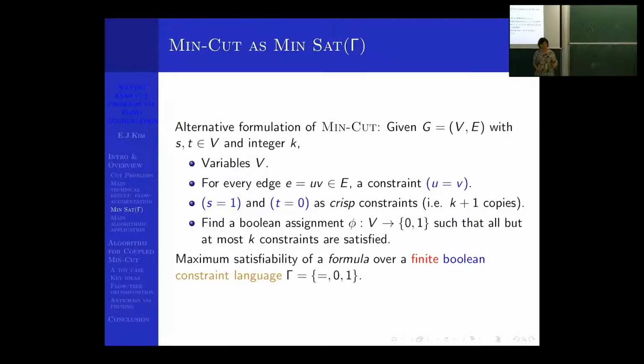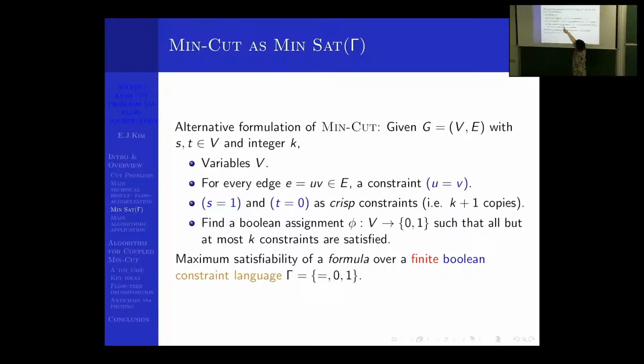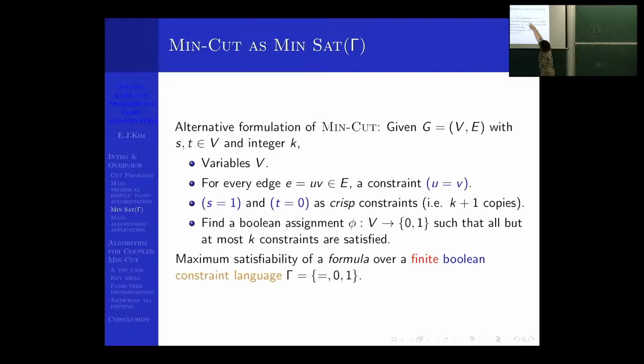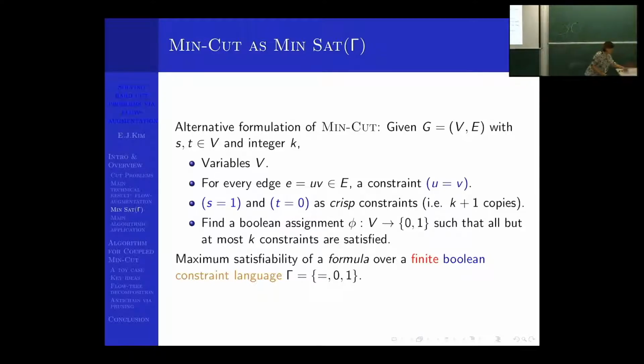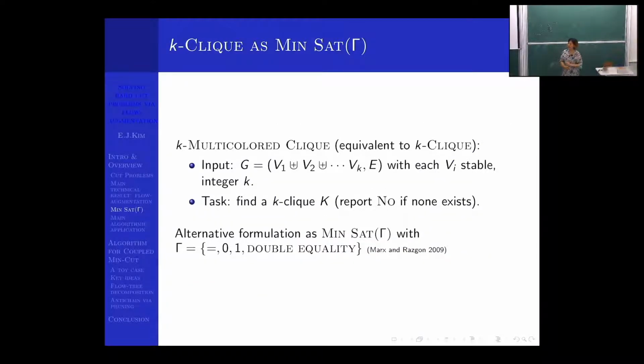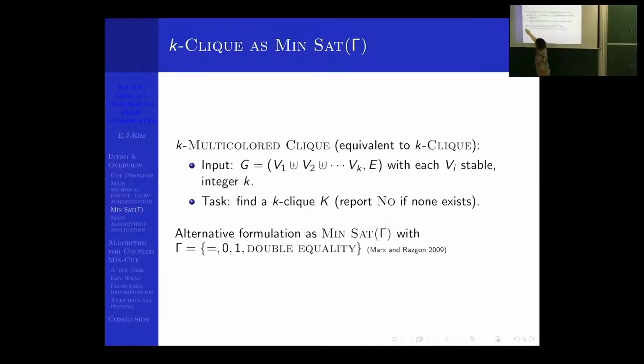If it's satisfied, I pay 0. Then you want a Boolean assignment such that the cost of the assignment is at most k. So we have just expressed min cut exactly as such a problem, where the relations are equality, 0 and 1.